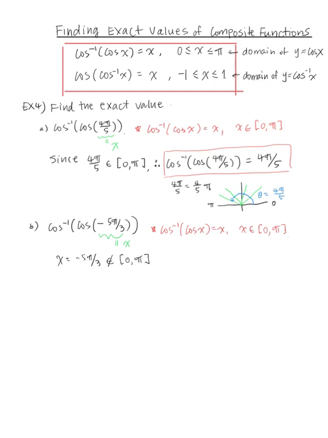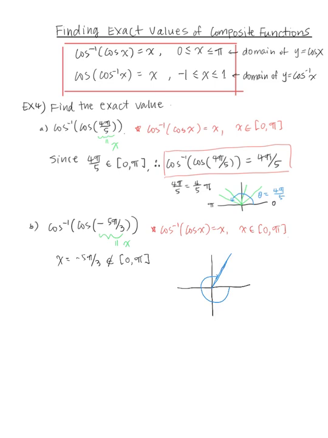So what we need to do is come up with a reference angle for negative 5 pi over 3. So let's draw a picture. Now negative 5 pi over 3, remember pi over 3 is 60 degrees. Multiply that by 5, you're going to get 300 degrees. So negative 300 degrees would be maybe like this.